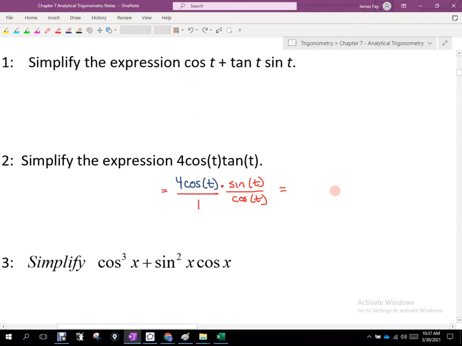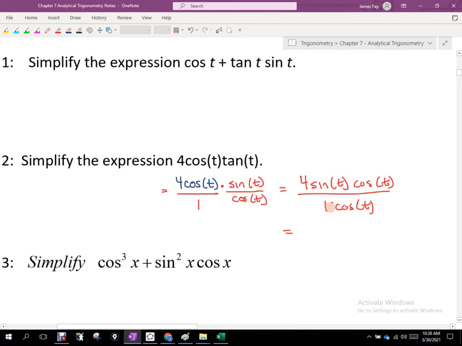Can I use the commutative property to rewrite this as 4 sine of t cosine of t over cosine of t? Is that okay? Now, because this is a product up here, and this is a product down here, I'm going to be kind of goofy with this.